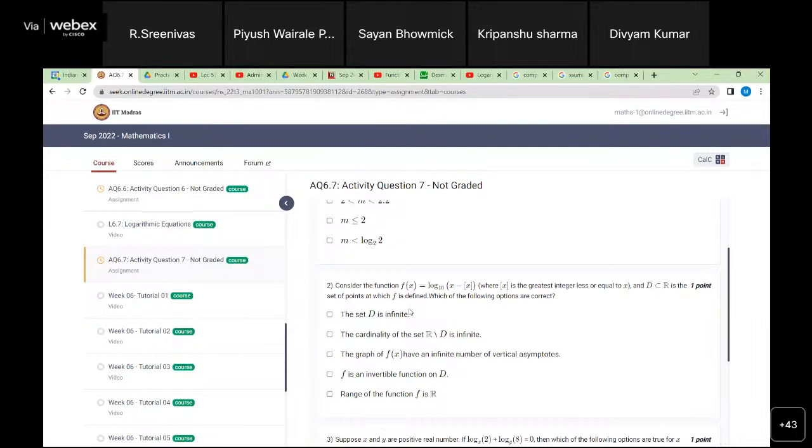Then D is the set of points at which it is defined, so D is an infinite set. The cardinality of set D is this. What do we have to find out here? The cardinality of D.